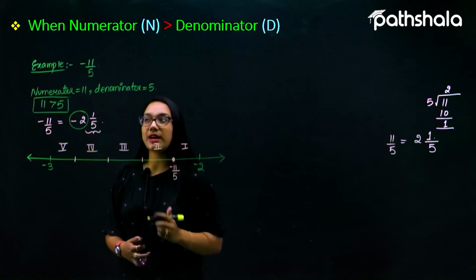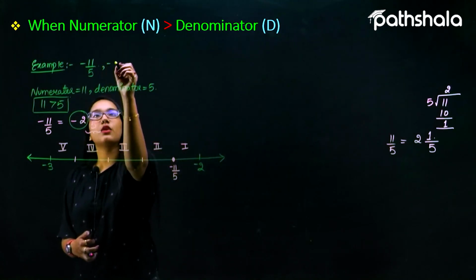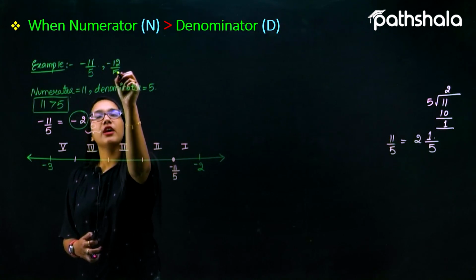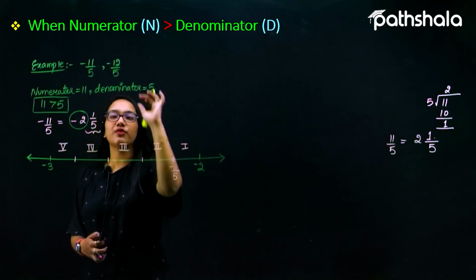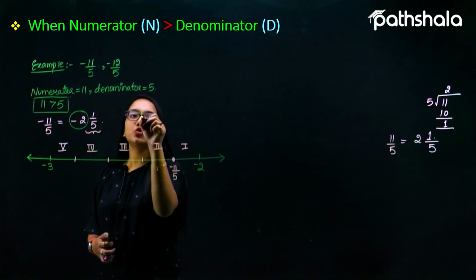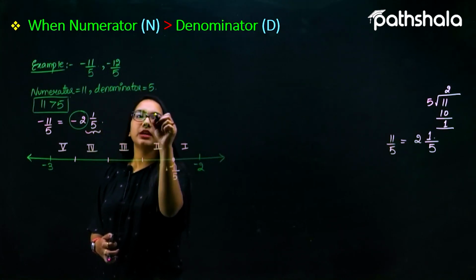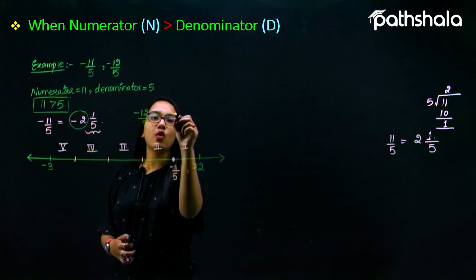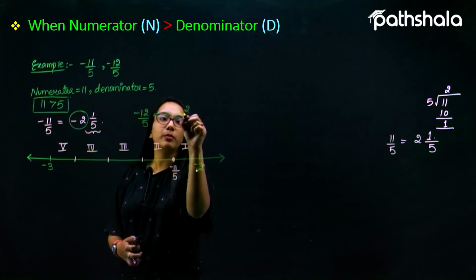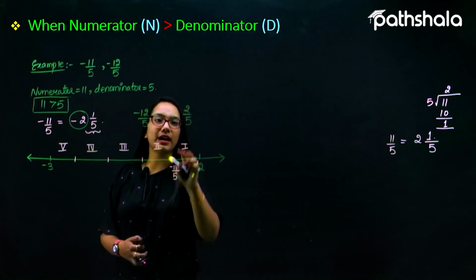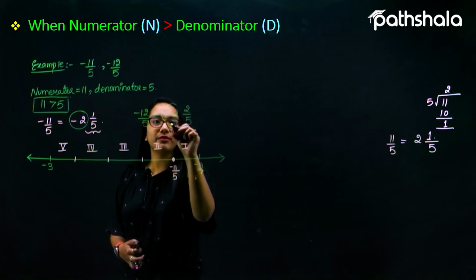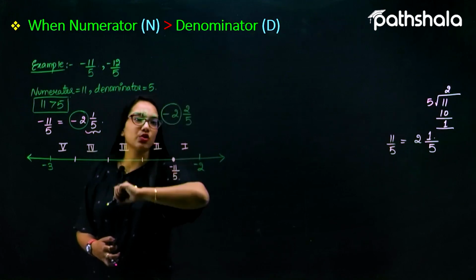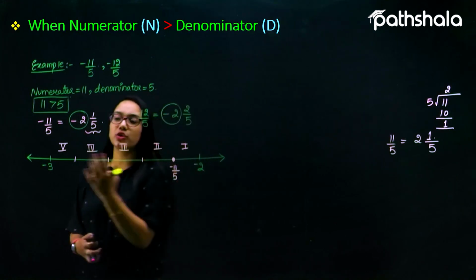So let us suppose I'm talking about minus 12 by 5. In the same way, you have to convert 12 by 5 into the mixed fraction, and minus 12 by 5 can be written as minus 2, 2 by 5. So it means that again this particular rational number lies in between this integer, that is minus 2, and the coming integer, which is minus 3.